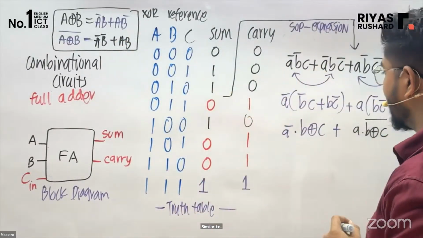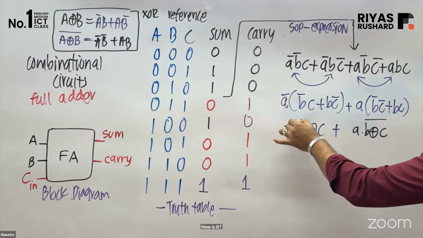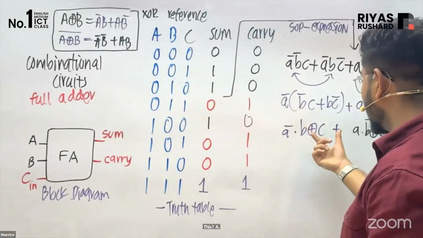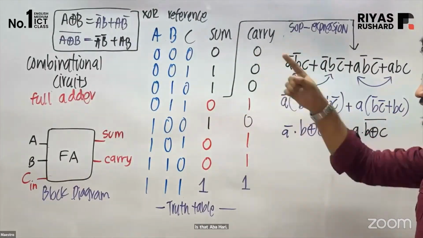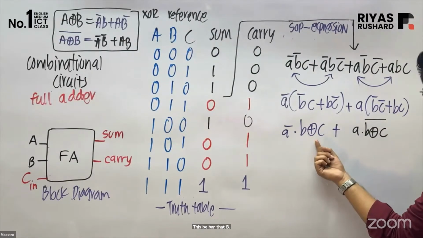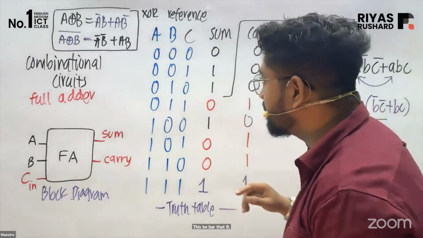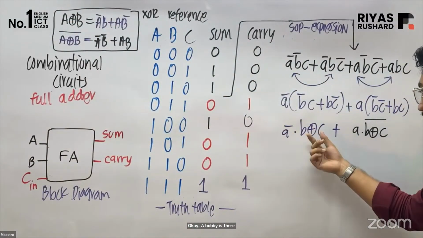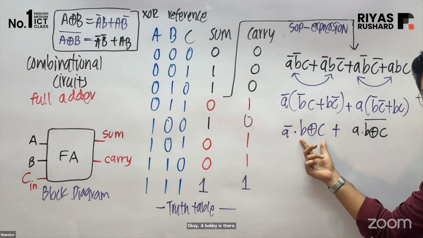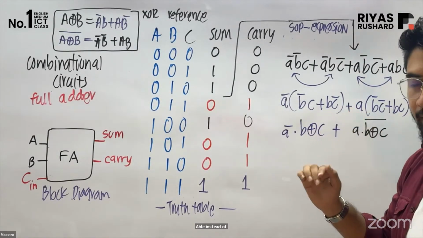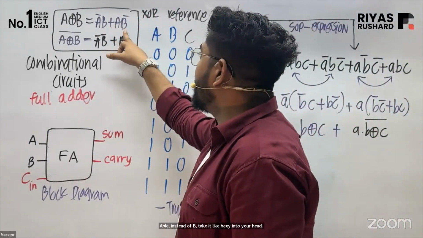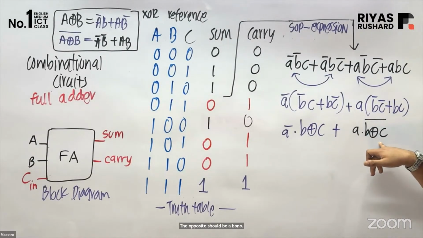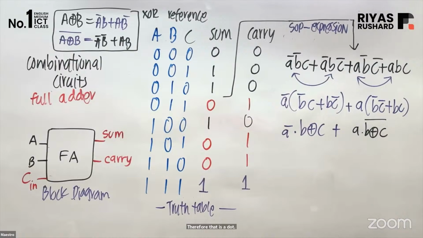This A is that A bar, and this B bar, that B is equivalent to B XOR C. Take it as an idea. A bar B is there. Instead of B, take it like B XOR C in your head. Then the opposite should be A B bar, no? Therefore, that is A dot B XOR C bar. Did you all get an idea?